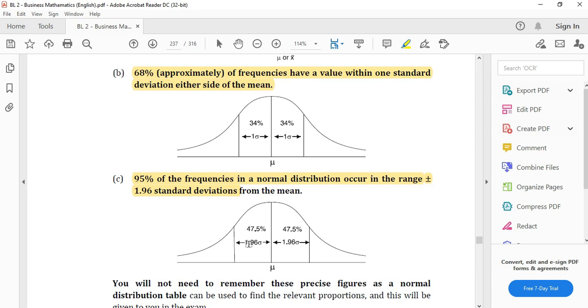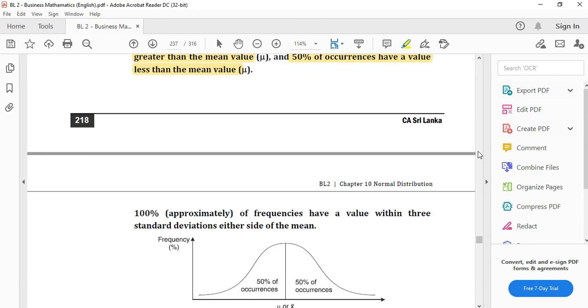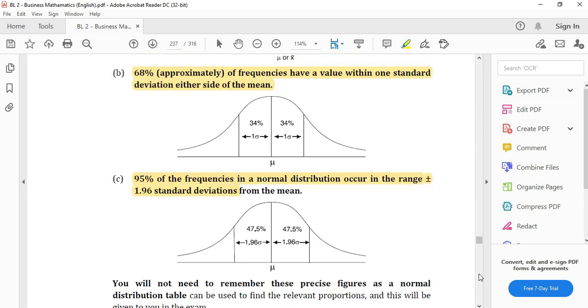They will not let you make guesses. Definitely you can make a guess when there's 100% frequency, because anyway the standard deviation will be 1 and the mu will be 0. But for other instances, we have a formula to apply. So let's see what the formula is and how it works.